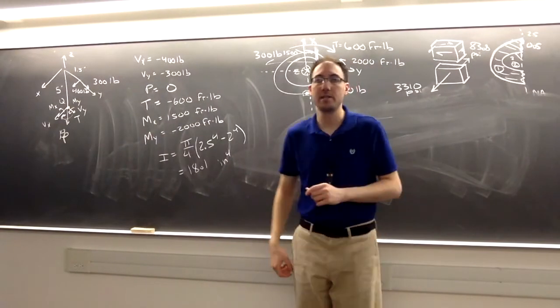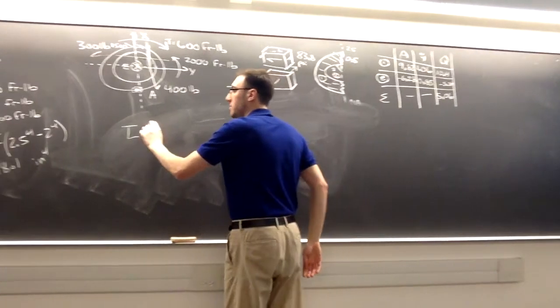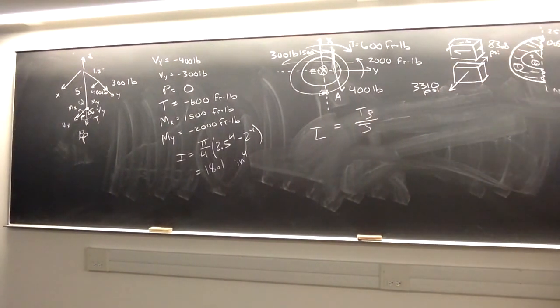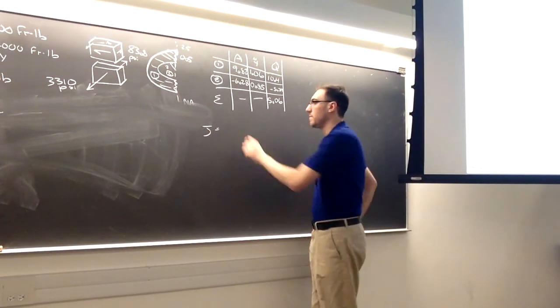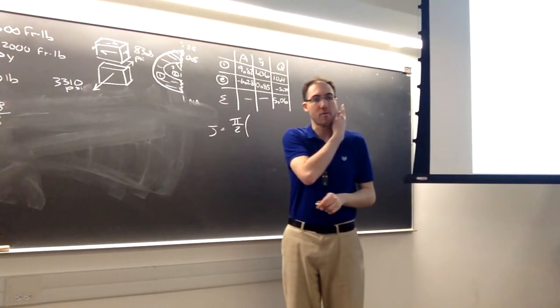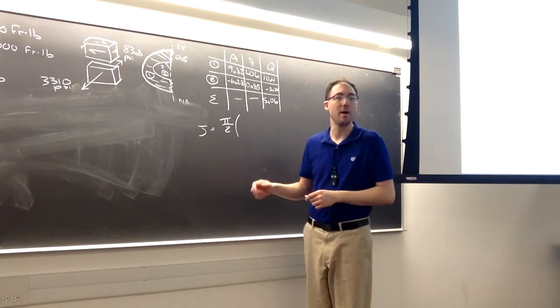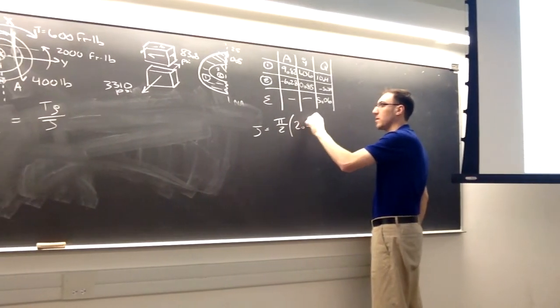Right, torsion causes a shear stress, and we know the formula is T rho over J. So another quantity we need to calculate is the polar moment of inertia for this shape. Remember, for a hollow ring, it's going to be pi over 2 times outside radius to the 4th minus inside radius to the 4th.